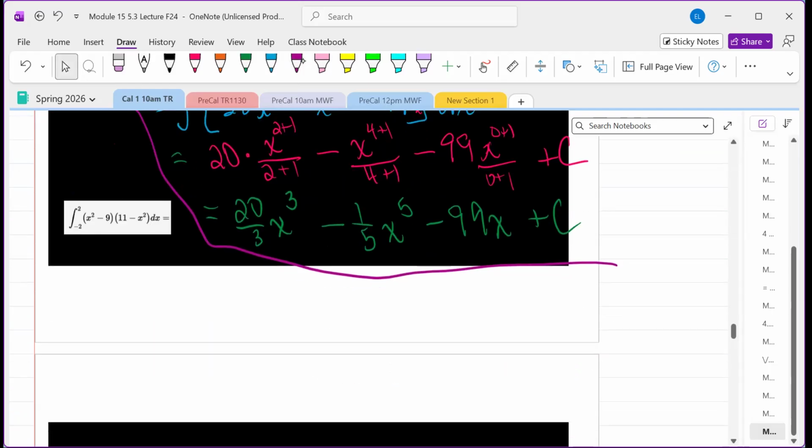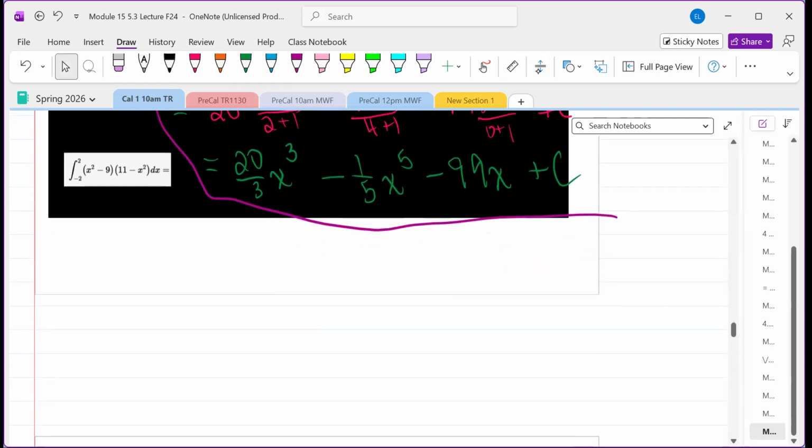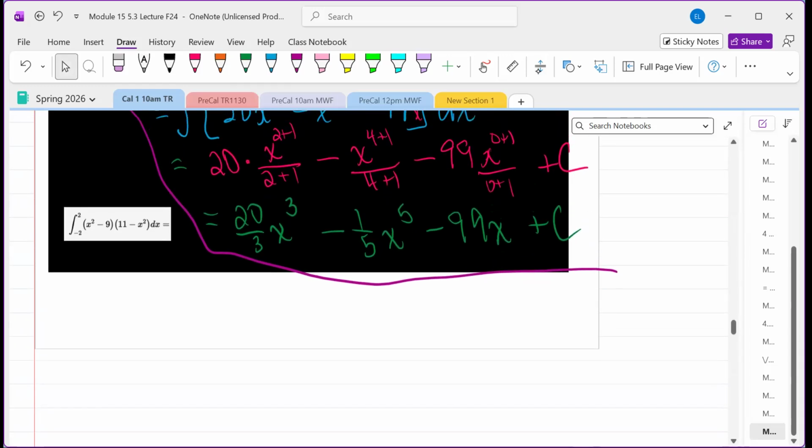So a whole lot of work to get my antiderivative formula. Now that I have that antiderivative formula, though, I can actually do my definite bounds on the integral.